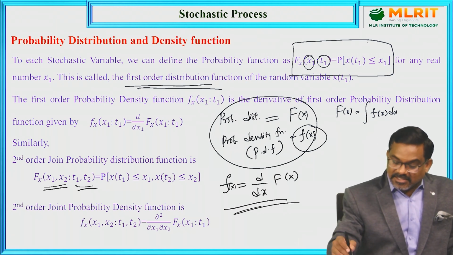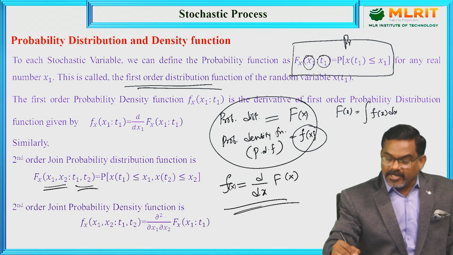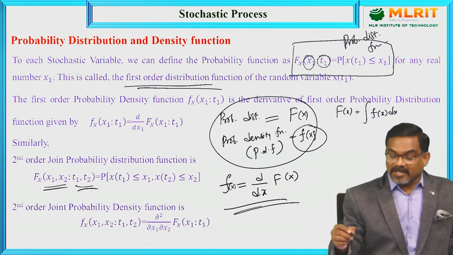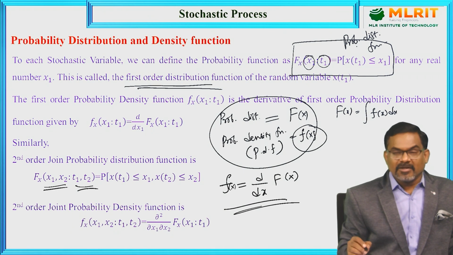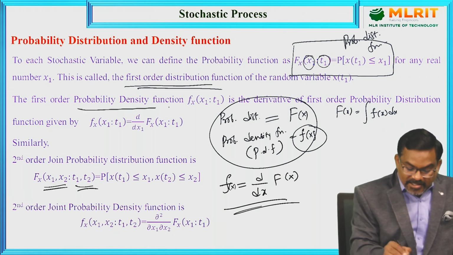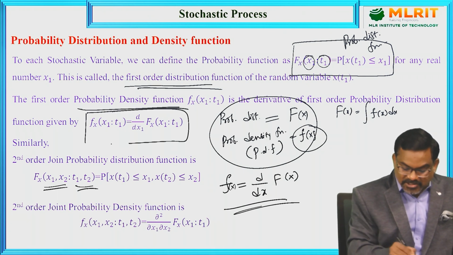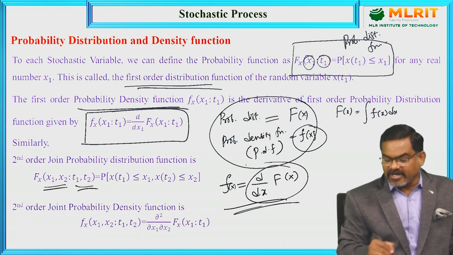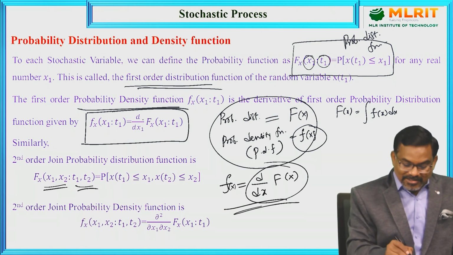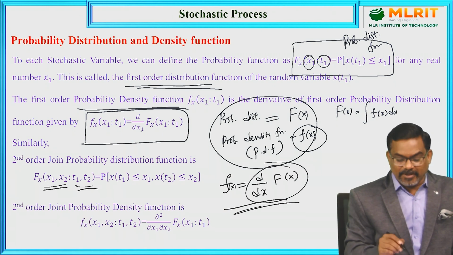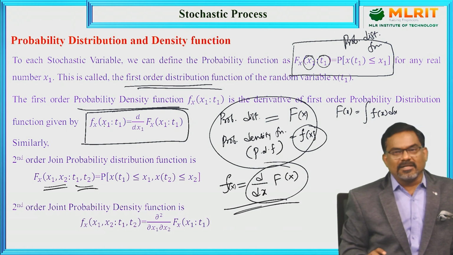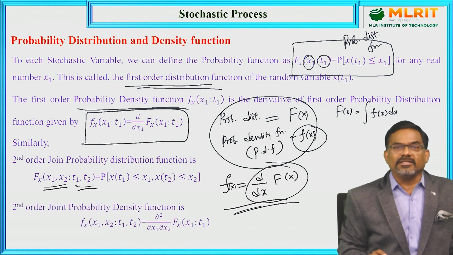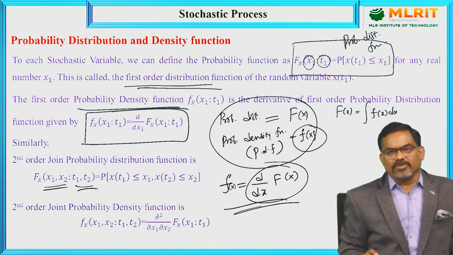Now, this is the probability distribution function, that means capital F. Now, the probability density function small f is given by, just now we discussed, the small f is the derivative of capital F. So, differentiating capital F with respect to that x1, we will get the probability density function in the case of first order distribution.